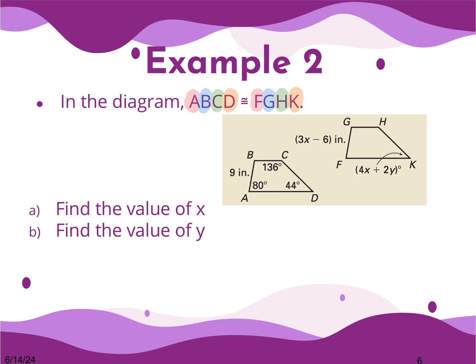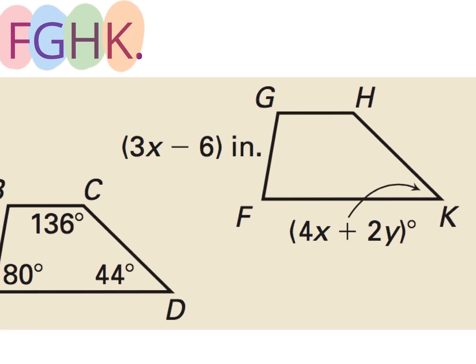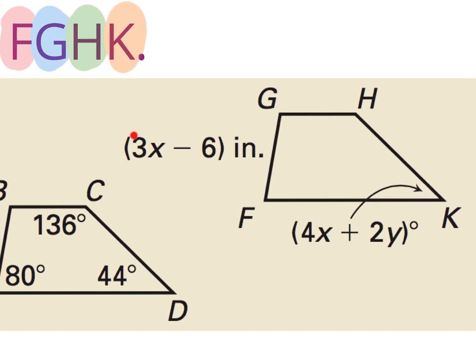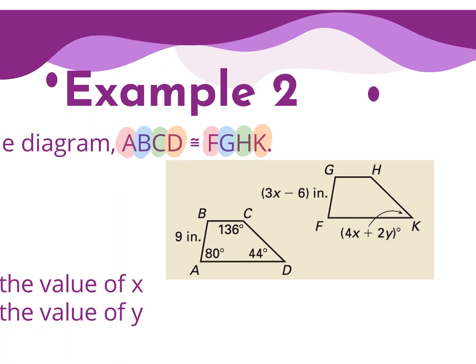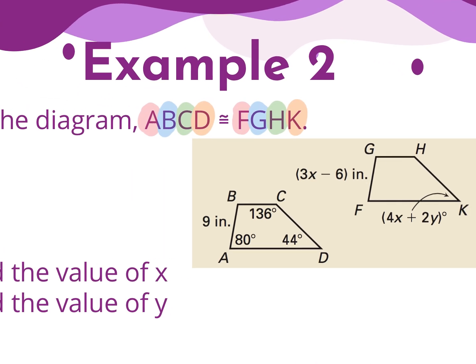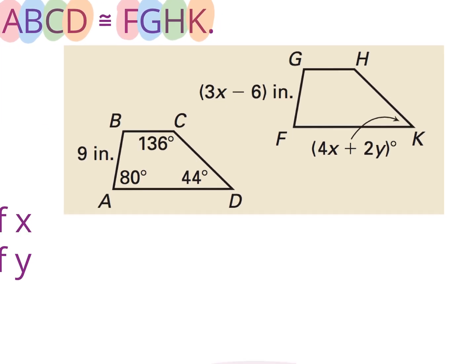Let's do that. Value of X, which one would I be solving for? Where is X? Keep in mind both of these have an X, but I have to do this one first. I cannot solve the one with a Y in it. I have to solve for this one first. So if we're looking at this diagram, find the value of X. That's what I'm doing first.